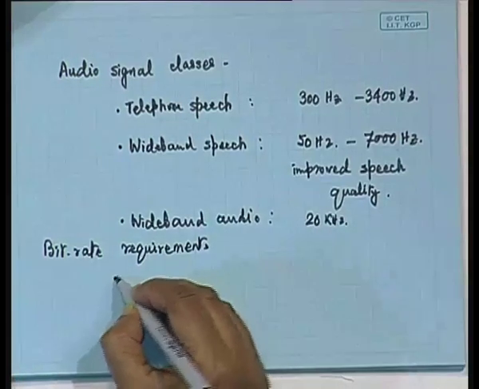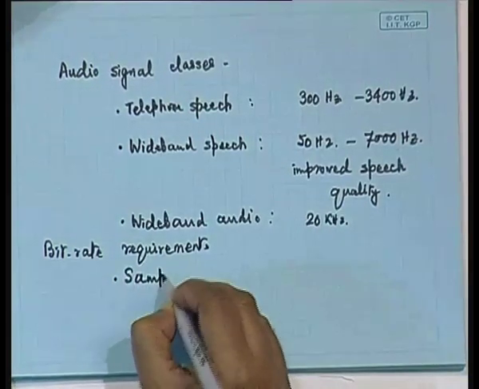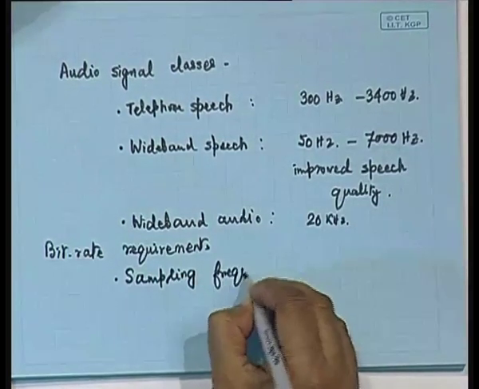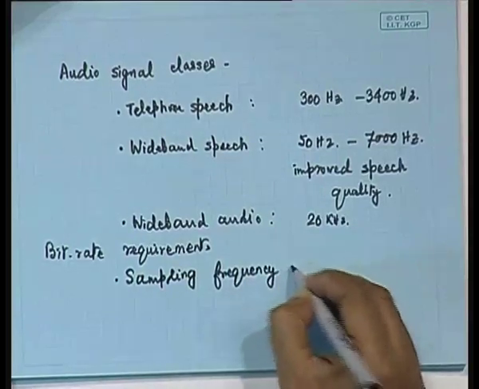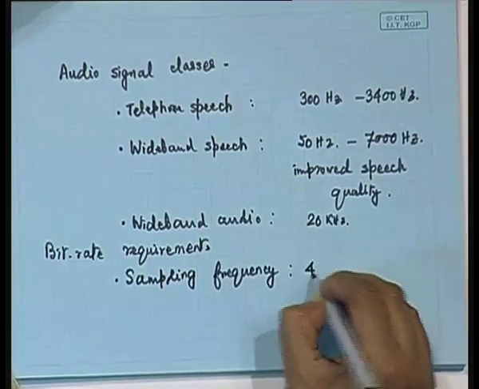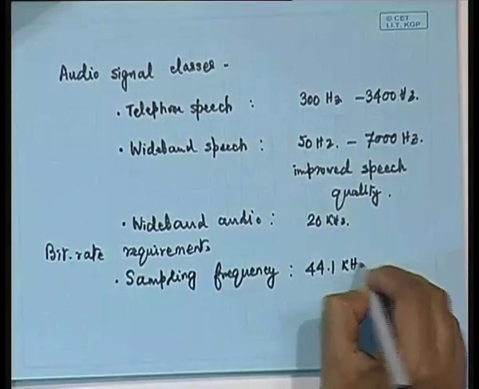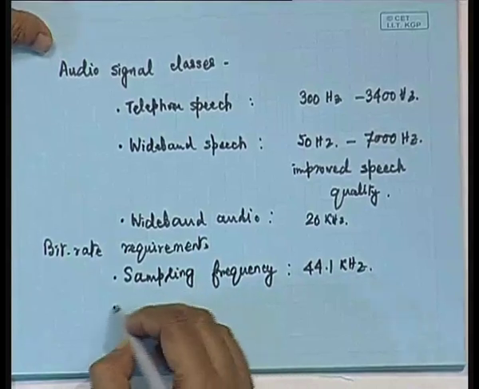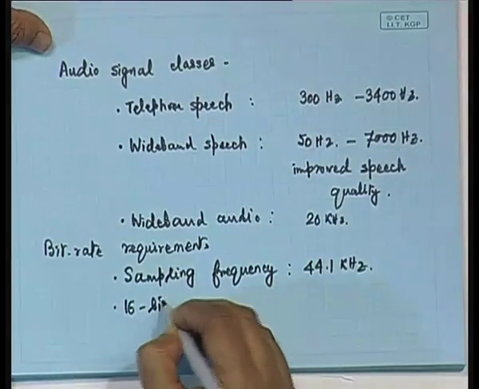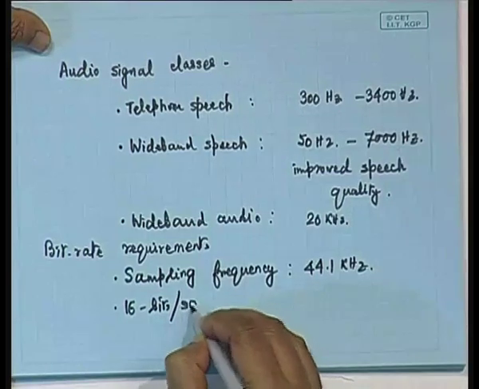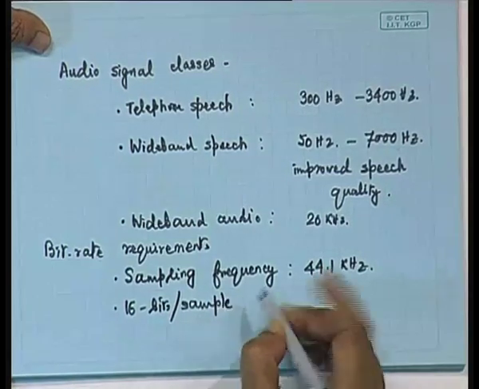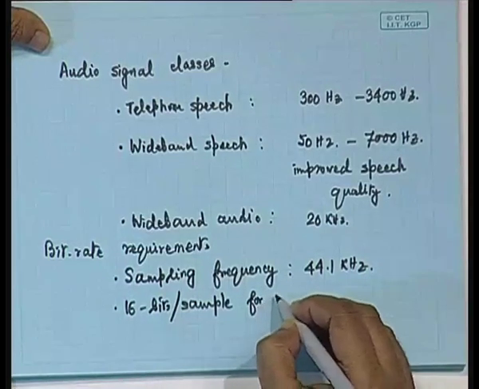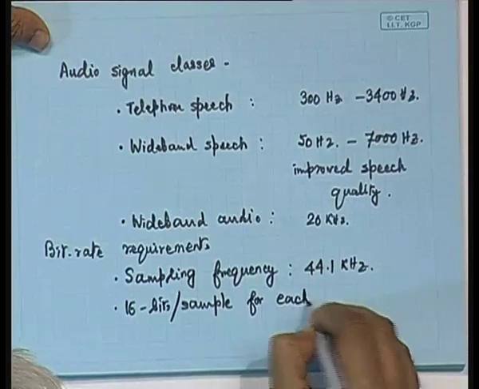So, we use a sampling frequency of 44.1 kilohertz, which is the standard for digital audio, and at that rate we use 16 bits per sample, with stereo quality audio. So, 16 bits per sample is used for each of the 2 stereo channels.